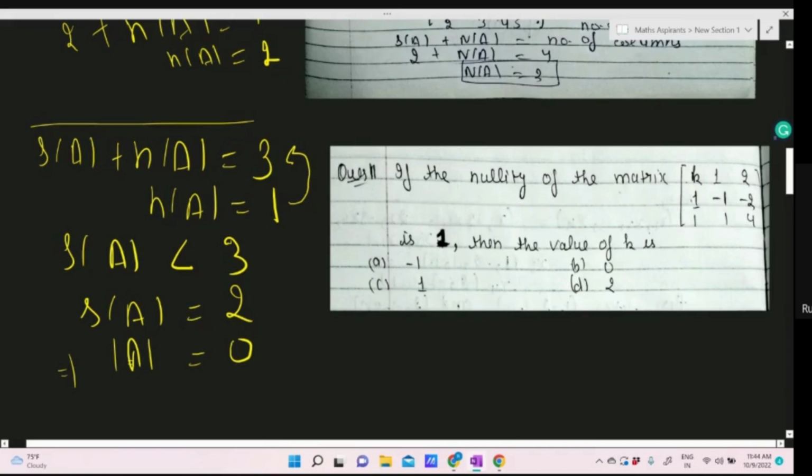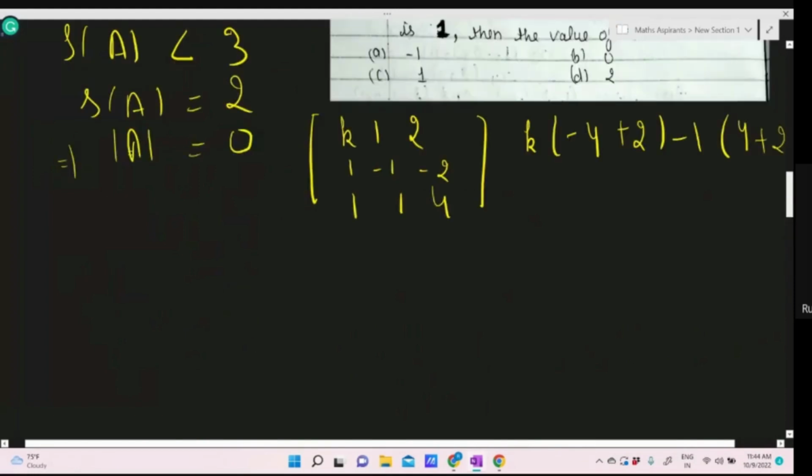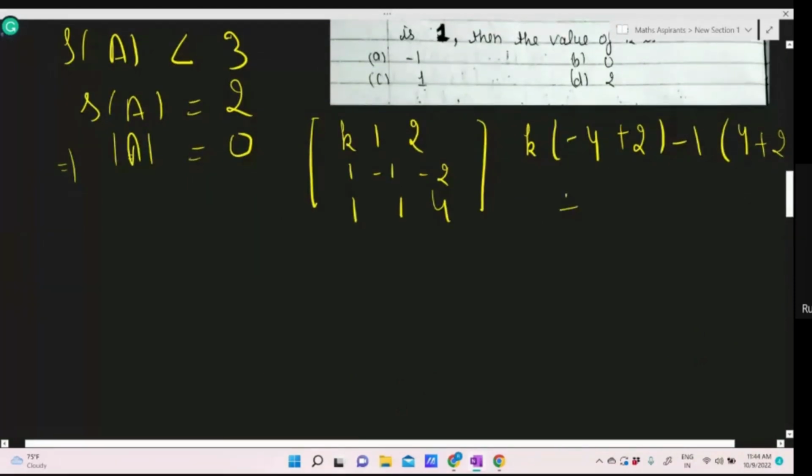Now we will calculate the determinant of the matrix k, 1, 2, 1, minus 1, minus 2, 1, 1 and 4. By finding the determinant, we will get k minus 4 plus 2 minus 1, 4 plus 2, plus 2, 1 plus 1 is equal to 0.